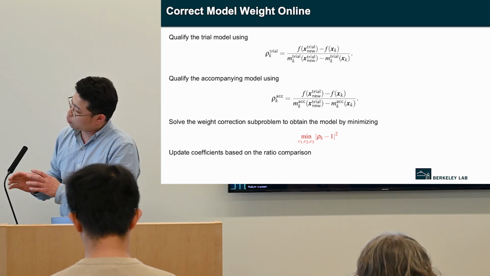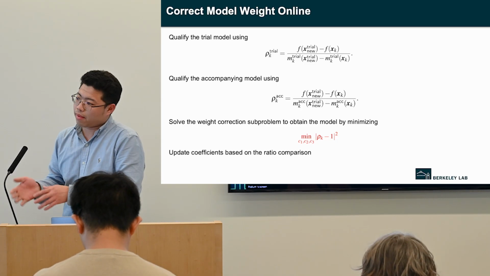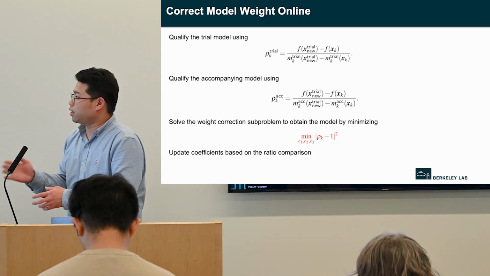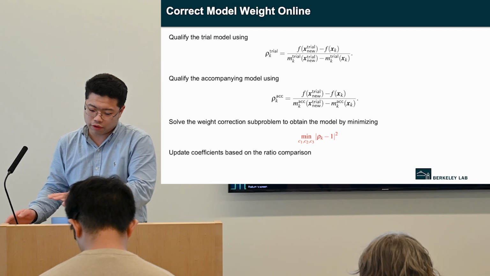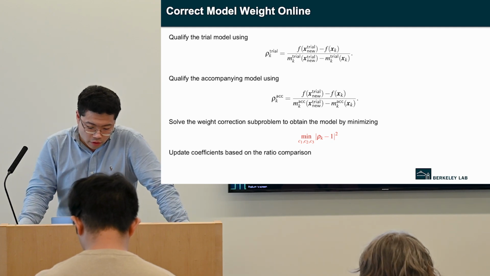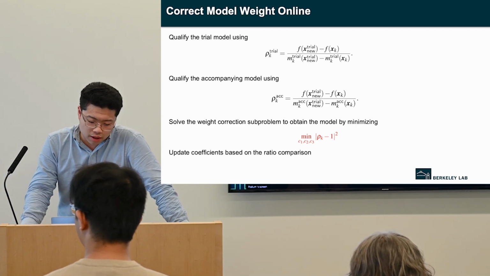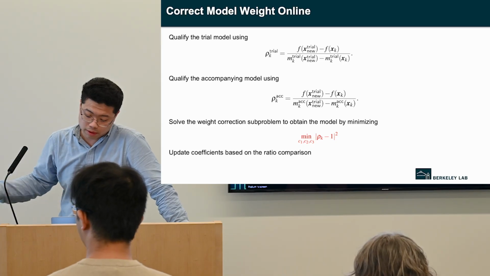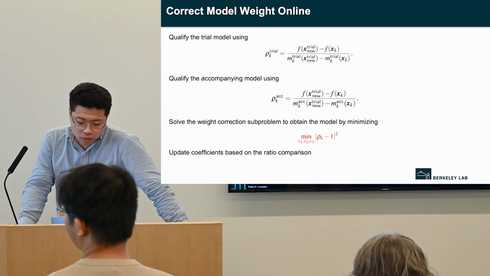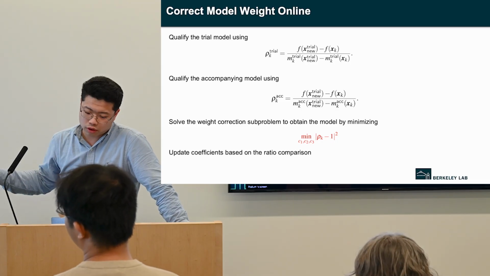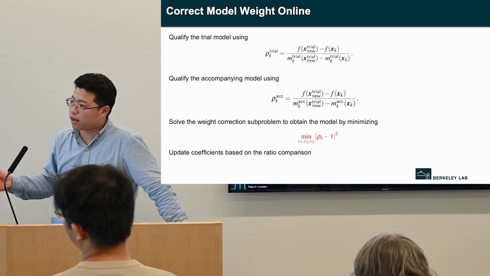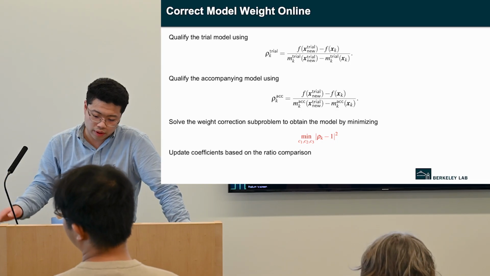So we are trying to find a good mechanism to switch or correct the model from different choices. Suppose we have two models. One is called the trial model, which is chosen to give the next iteration point at this iteration step.